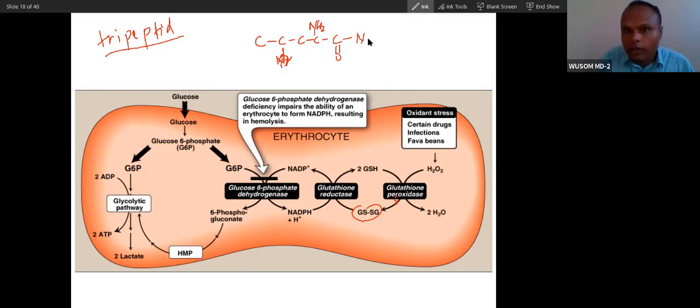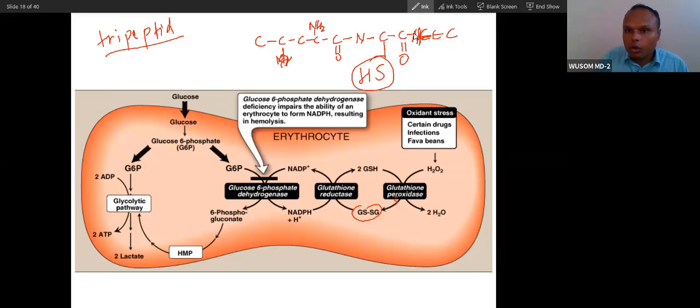Thio means a sulfur-containing amino acid, which is cysteine, a 3 carbon compound. So this N-C-C, and the cysteine will have an SH group. And then glycine, which is a 2 carbon compound. N will be there and a 2 carbon compound.